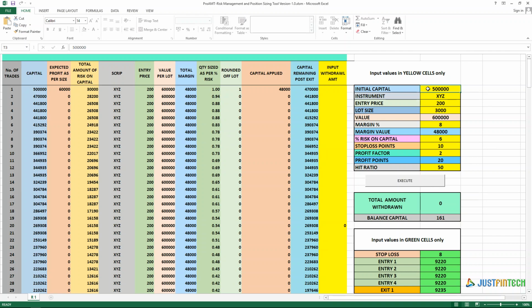Your available capital was 2 lakh 50,000. You took a leverage 2x, and that means your risk has multiplied. So basically, that much risk you are taking to trade one lot.